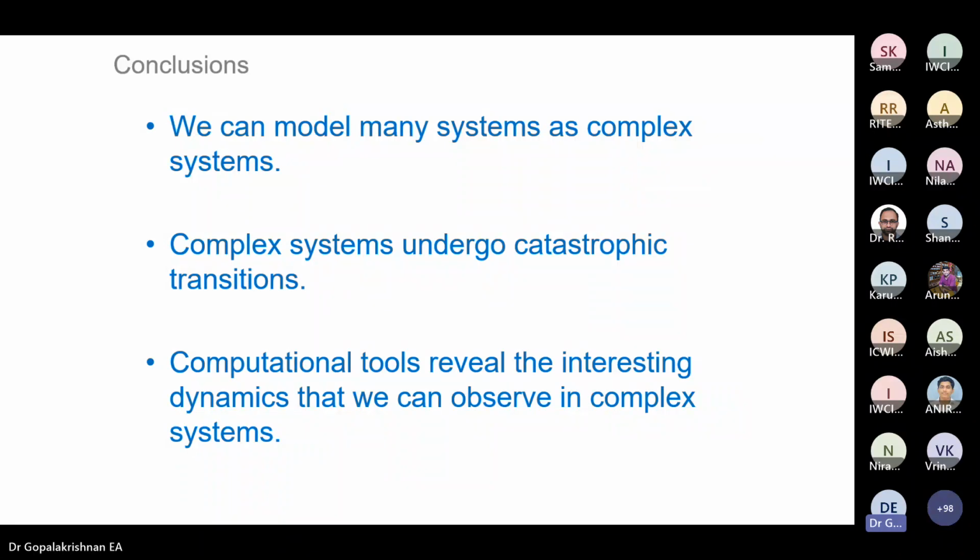Three, you can use different computational tools such as bifurcation analysis, phase space reconstruction, early warning toolbox, and complex networks, to name a few, because you have more than this, like multifractal, surrogate, entropy, etc. I'm not referring to all that. You could use these computational tools to observe the transitions that happen.